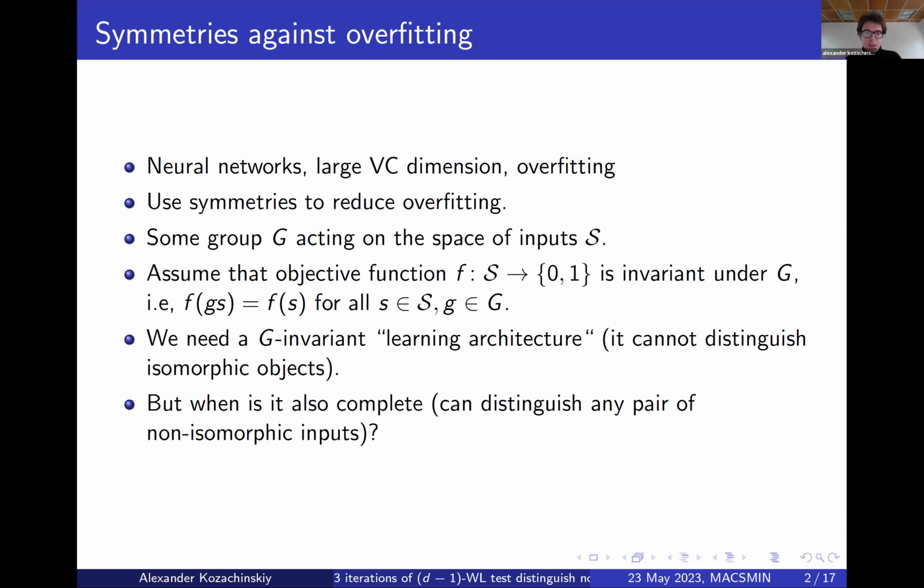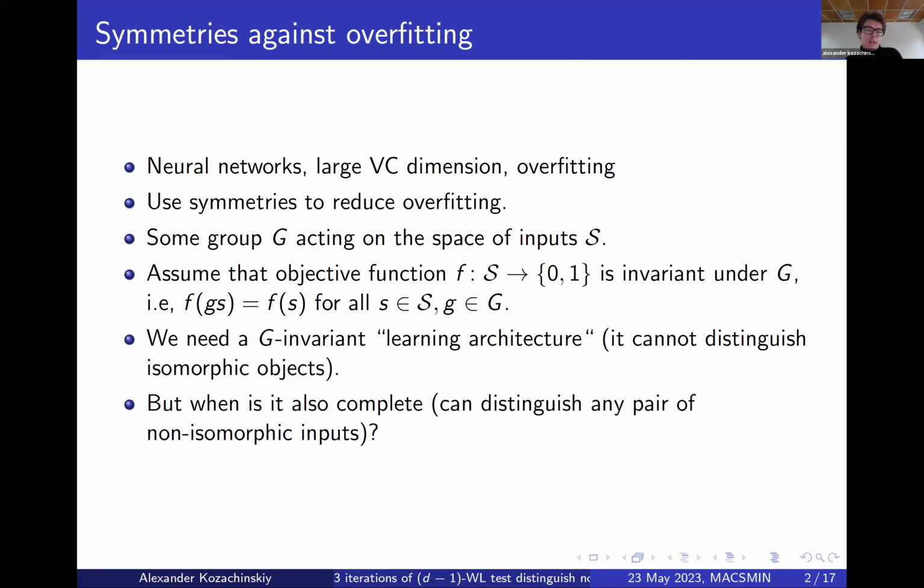By this we make the hypothesis class already smaller. We need a learning architecture which gives the same result by default on objects that are isomorphic, which means that they can be mapped to each other by an element of the group.